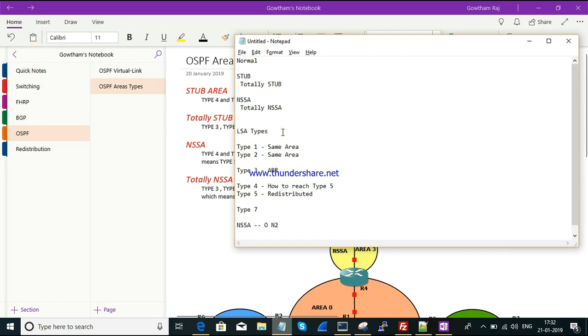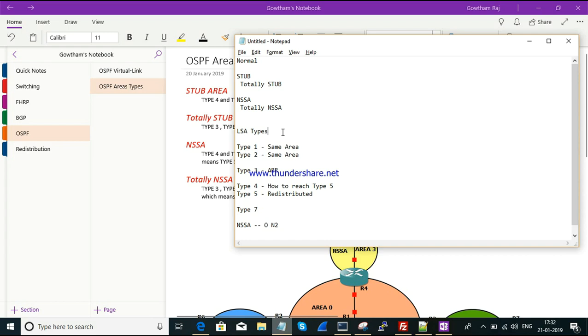LSAs are link state advertisements which are shared between the OSPF routers in order to form a link state database. The link state database is maintained in the OSPF routers, and it will be the same for all the routers within the same area. That's why we call it a database.